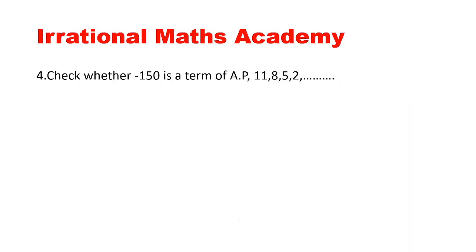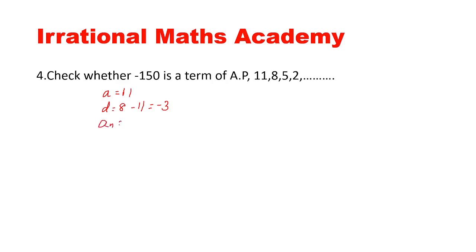Next, check whether minus 150 is a term of an AP. Same thing, whenever an AP related chapter comes, the first thing you need to do is write down the A value. From this, A is 11, D value is 8 minus 11, that is minus 3.